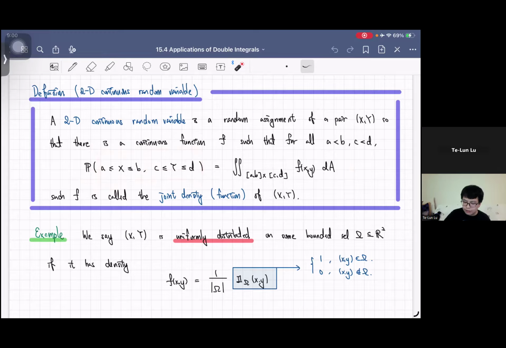In this case, the f here is called the joint density function of x and y because it is a joint random variable. You join x and y together. So this is essentially different from the previous case in the sense that x and y might have correlation. In that case, the 2D random variable cannot be understood as a 1D random variable. You cannot split x and y up.